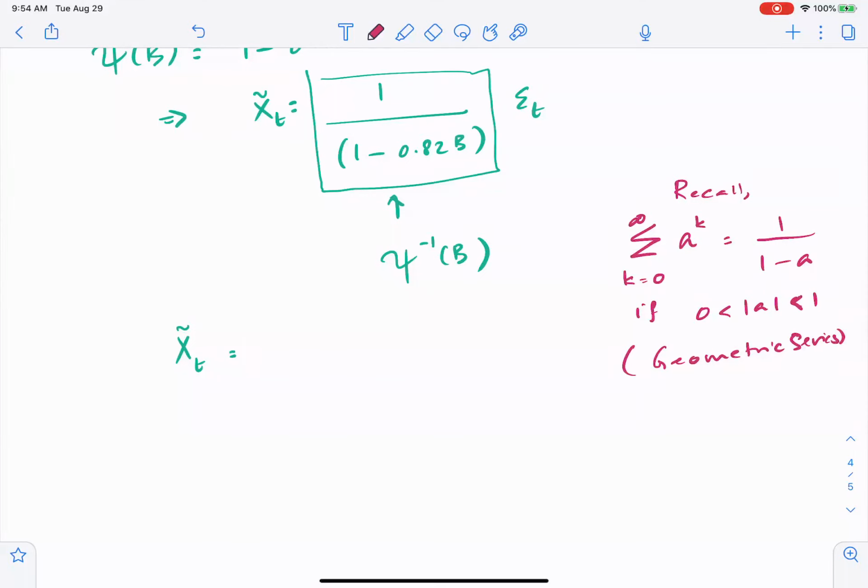The infinite sum of a geometric series is simply, on the right-hand side, 1 over 1 minus a. The terms that you're summing are simply a raised k. So instead of a, in our case, we have 0.82B. That part right there is simply a in my side note.